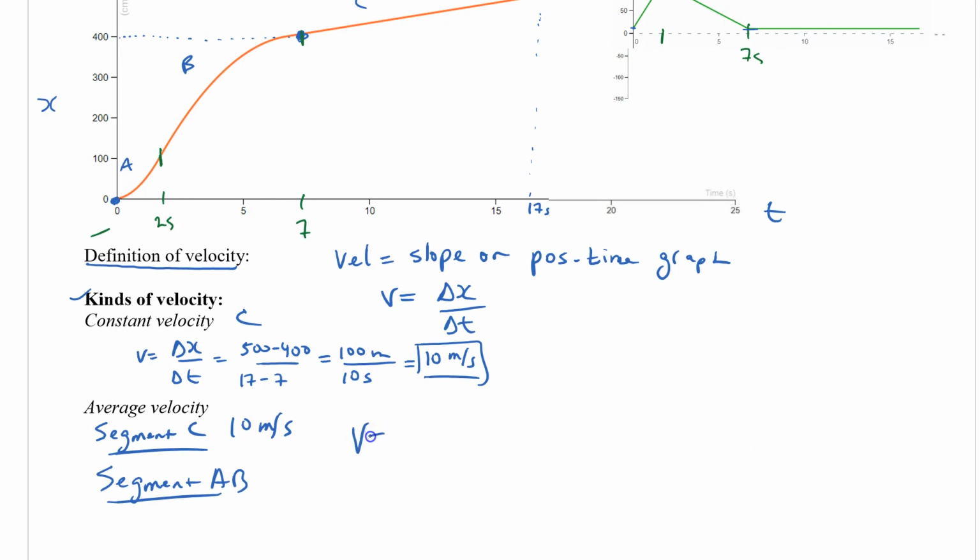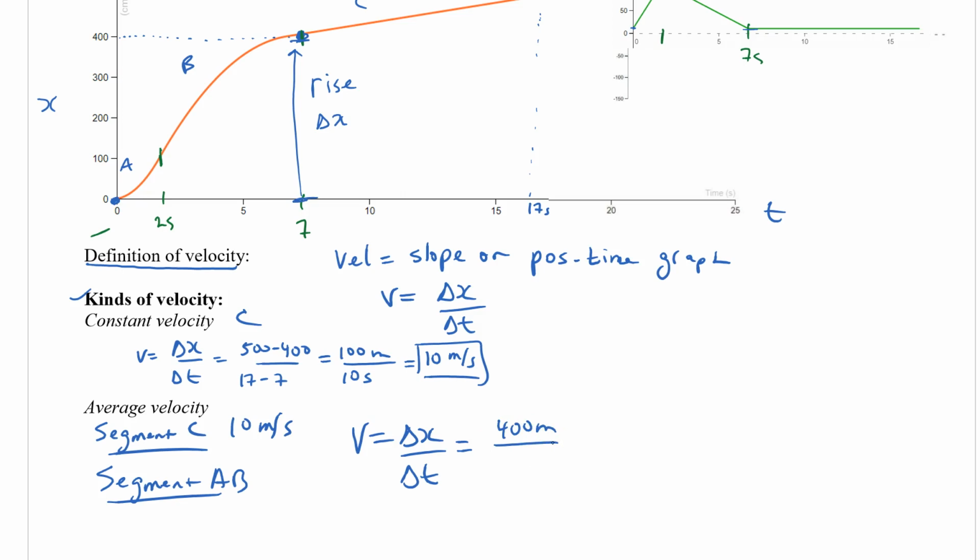So again, it's going to be the same formula. What was the change in position and the change in time? So the rise section, that would be, let's see if I can draw this nicely, between here and here. So this is the rise. That is the delta x, and that would be equal to 400 meters.